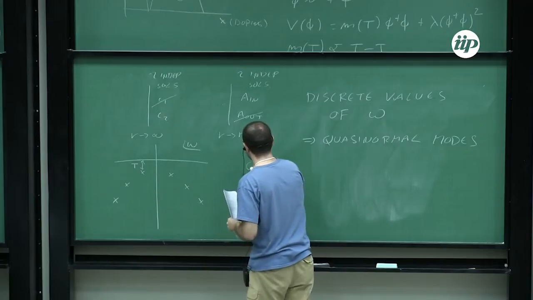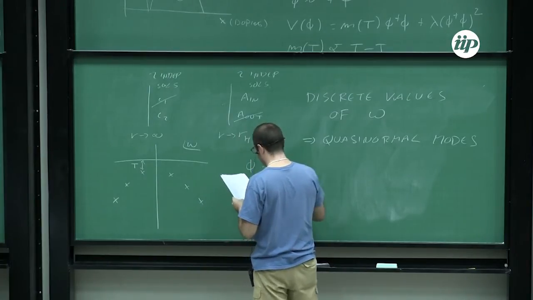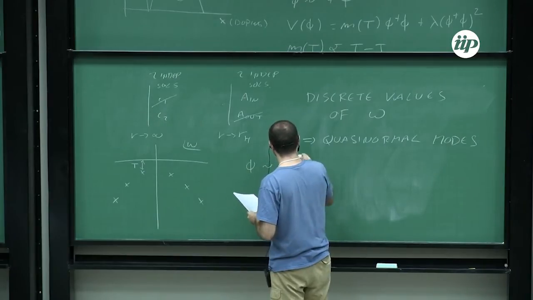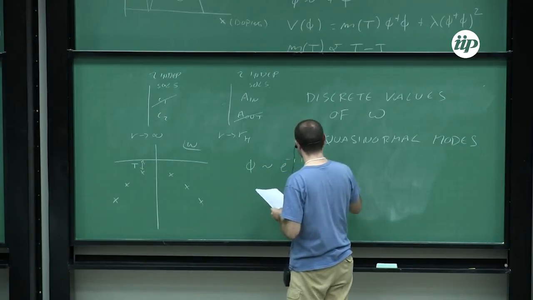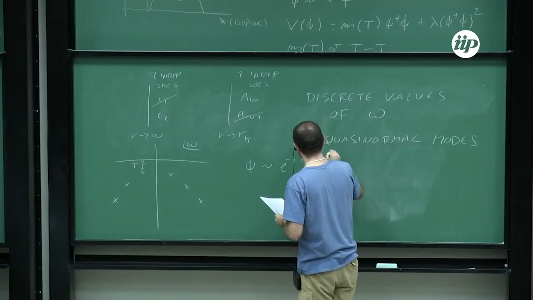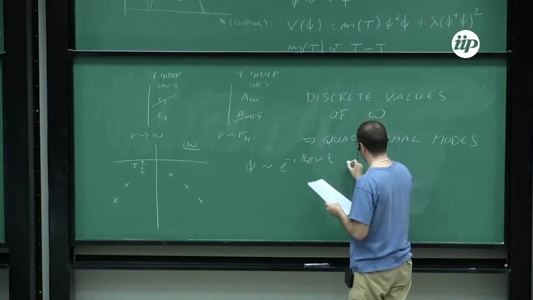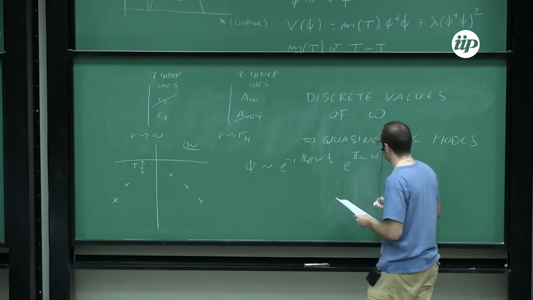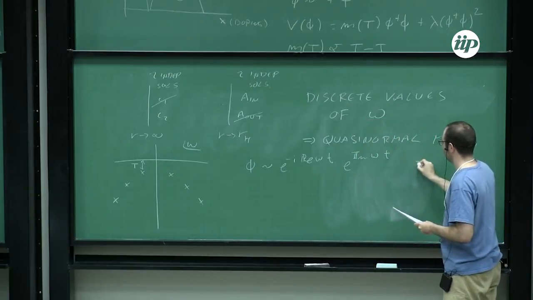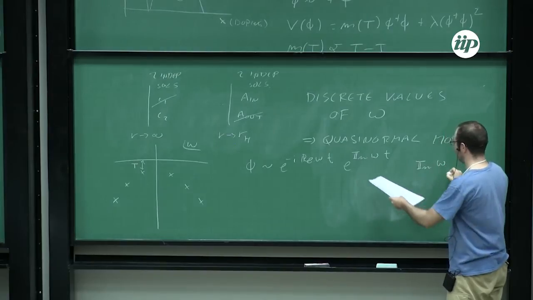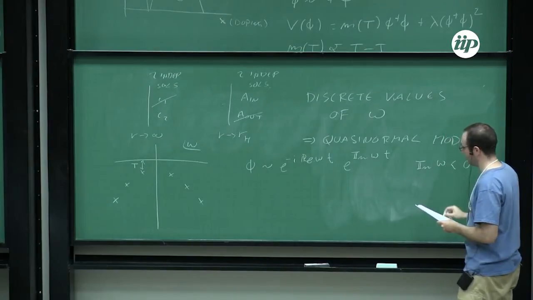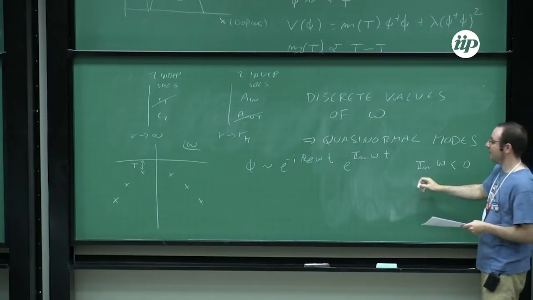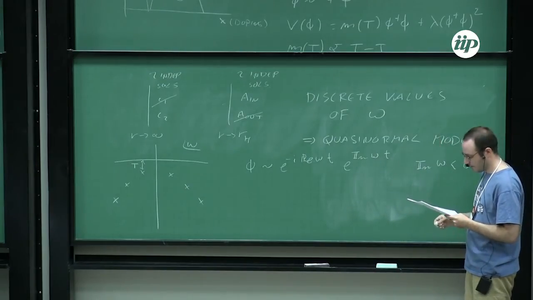And then the fluctuations of the scalar for one of these quasi-normal modes will have an oscillating part with time, which goes like the real part of the frequency, and an exponential part, which goes like the imaginary part. So these modes are stable if the imaginary part is negative. If the imaginary part is positive, then they will start growing exponentially in time.